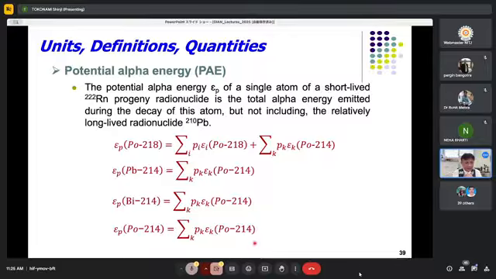Potential alpha energy, PAE: the potential alpha energy of a single atom of a short-lived radon progeny radionuclide is the total alpha energy emitted during the decay of this atom, but not including the relatively long-lived radionuclide lead-210.